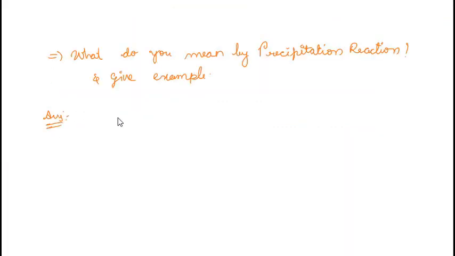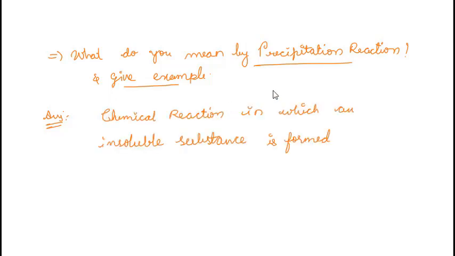One more question: describe what a precipitation reaction is and give an example. A precipitation reaction is a chemical reaction in which an insoluble substance is formed.